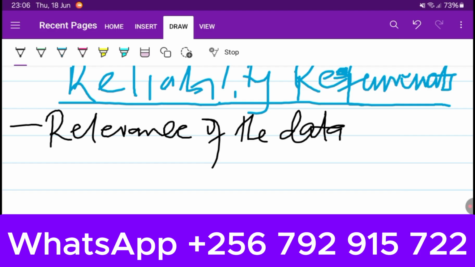So the concepts used must be the same and the data should not be outdated. Even the units of measurement must also be the same. So data for it to be relevant, so that we can rely on, it has to solve the problem under investigation.